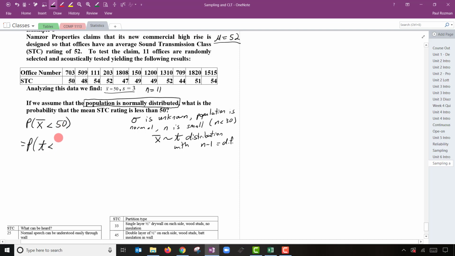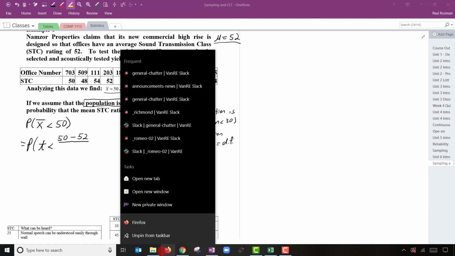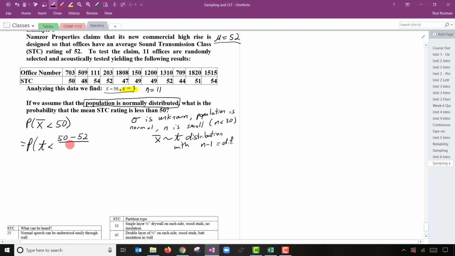So convert 50. So 50 minus mu for the population is 52. Sigma for the population is unknown, so we're going to replace it with the S. So we'll have 3 divided by the square root of 11.